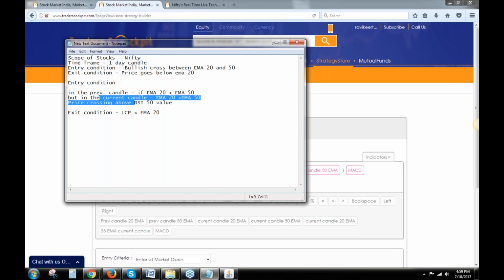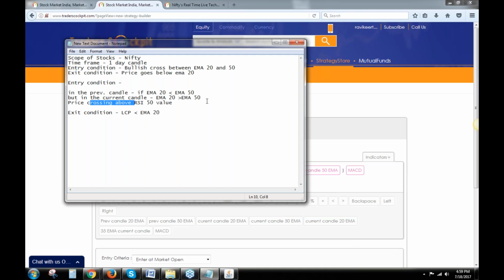This can be done, but if I take a crossover in RSI between price and RSI 50, that can give you very few results. Already we have taken a moving average crossover, and if we simultaneously put the RSI crossover into action, then the number of results can be very few, because it hardly happens in the market that two crossover conditions happen at the same time.